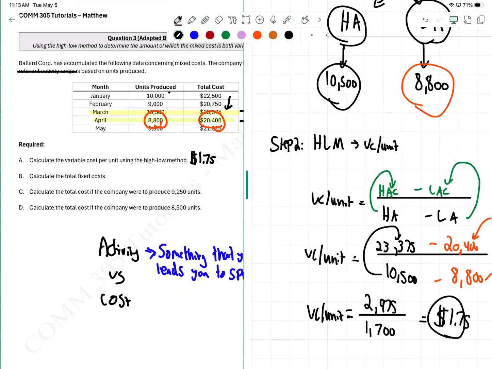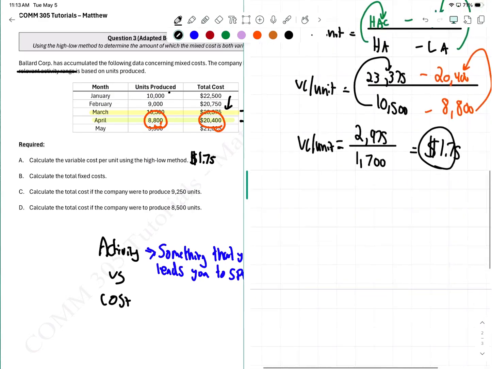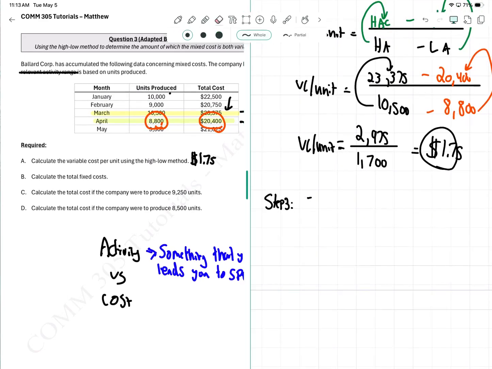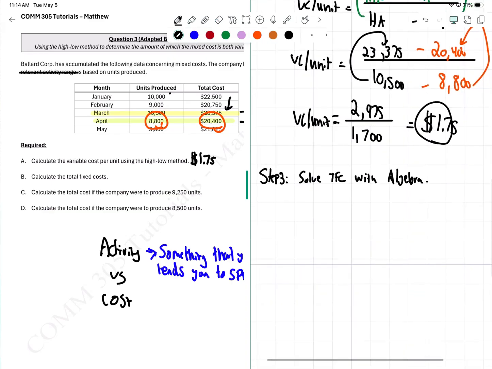Now, step 3, right here: solve TFC with the total cost equation, or say with algebra. What you're doing here, when I say solve for TFC with algebra, is this: in step 2, we have the VC per unit.